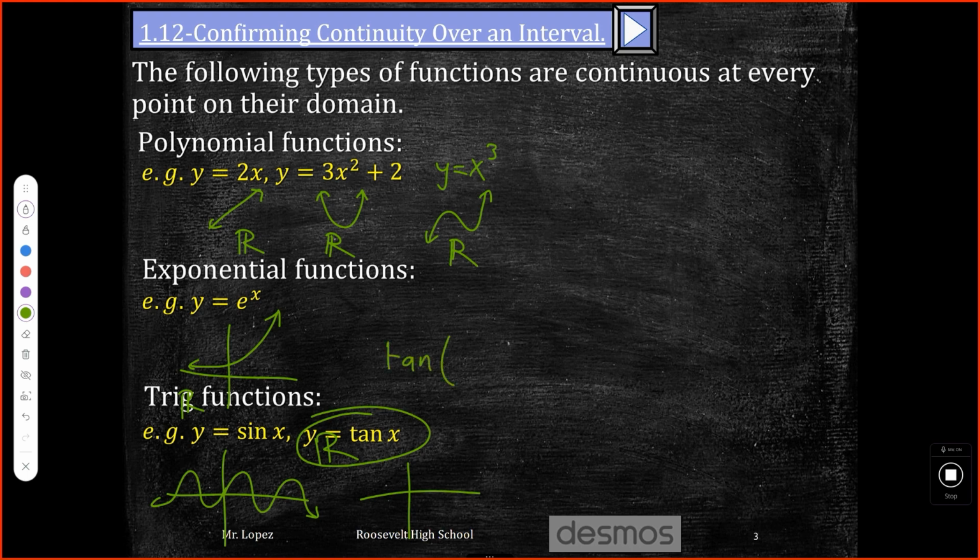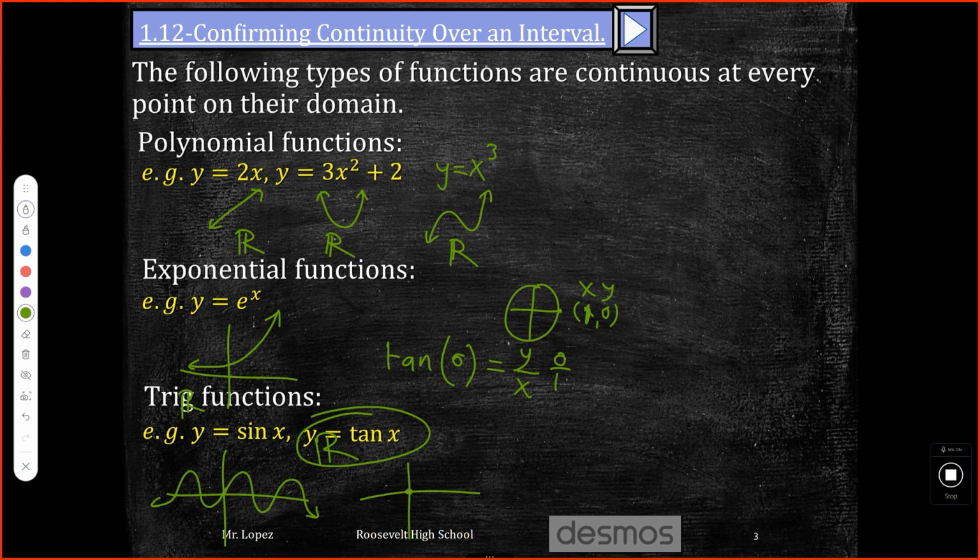let's say tangent of 0. So tangent of 0 will equal, unit circle, this would be x and y. X is 1. So this is 1 and this is 0. So tangent is y over x. So this one would be 0 over 1. So this is okay at 0.